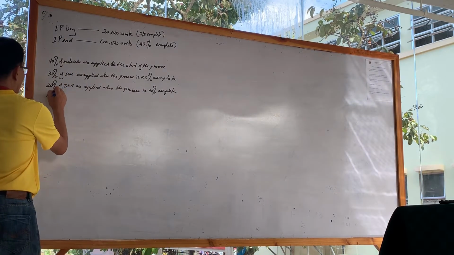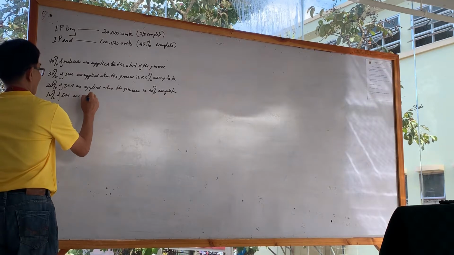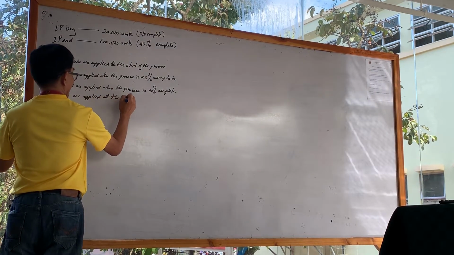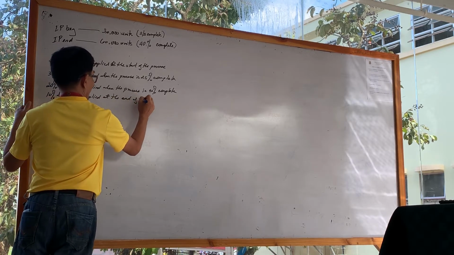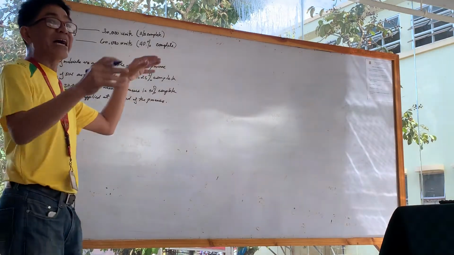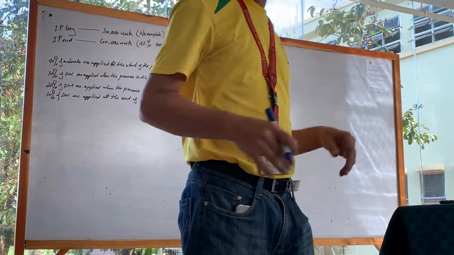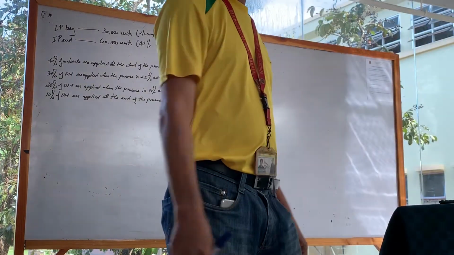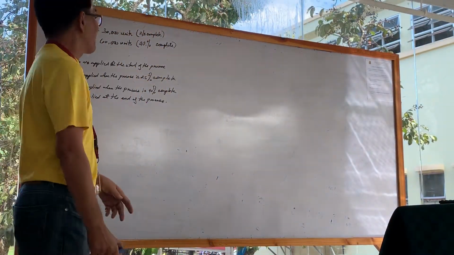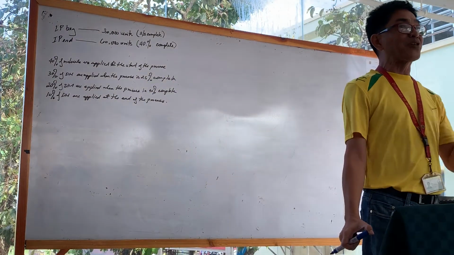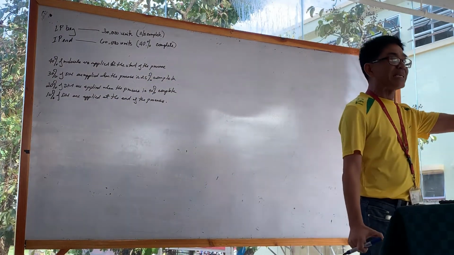And 10% of materials are applied at the end of the process. Therefore, materials are applied during the process, not only at the start, not only at the end. So the question is, what is the equivalent production of your work in process beginning and your work in process ending?